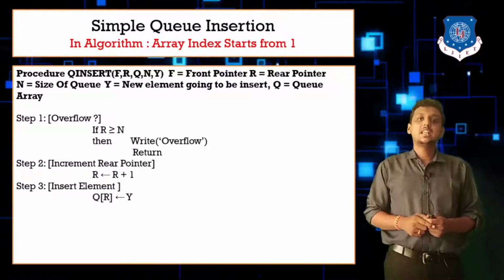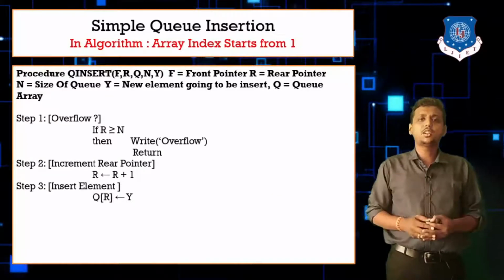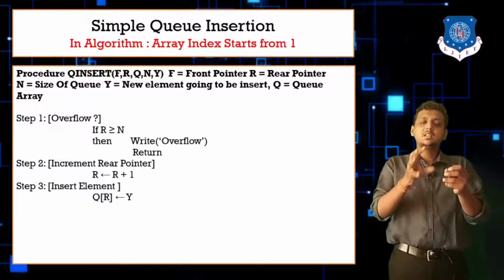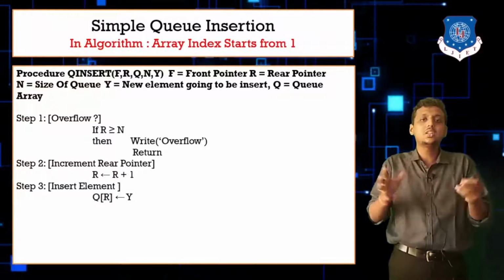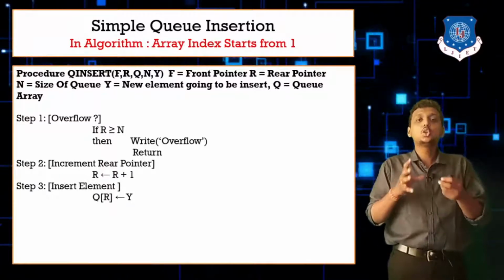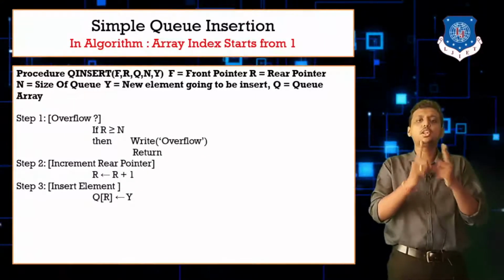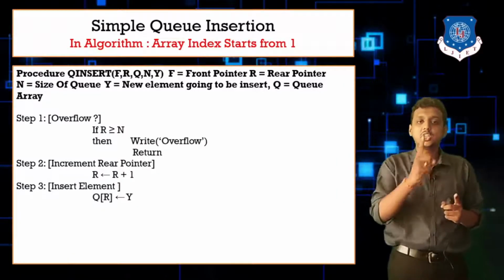That is, set the front pointer. Why is setting the front pointer very necessary? Let me give you a brief idea about it. Just imagine a situation where your queue is empty. When your queue is empty, your front and rear pointers are both pointing to the 0 position, because here our array is initialized at 1.